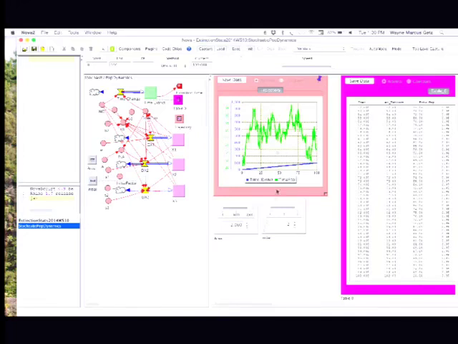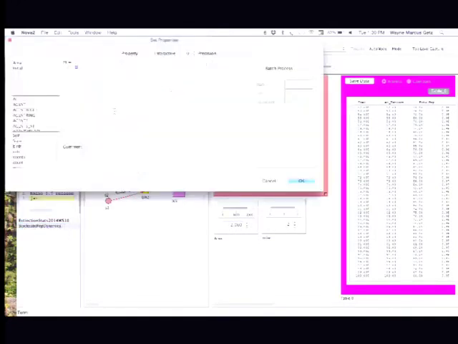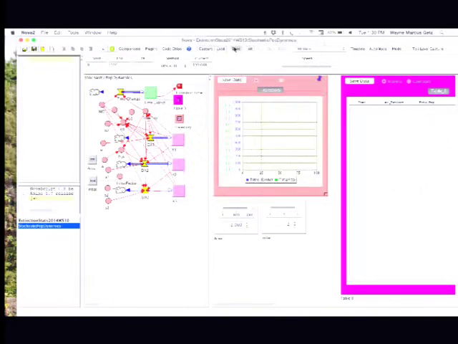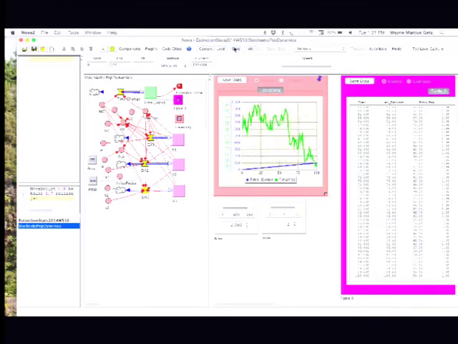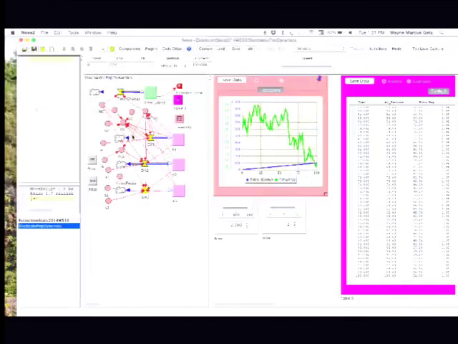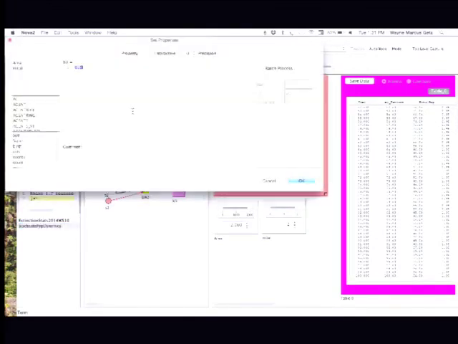Oh, wait. So this is in the big one. So I've got 2002. Let's see, capture load exec. Right, but let's see what the values are then. That's 0.5, which is correct.